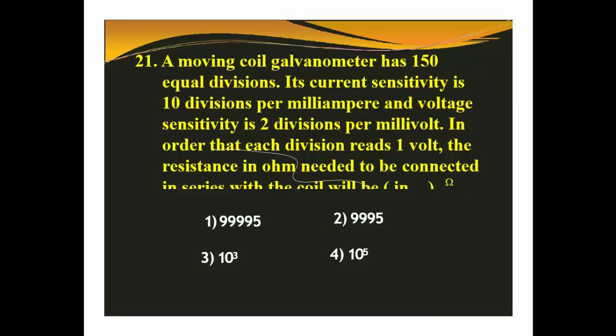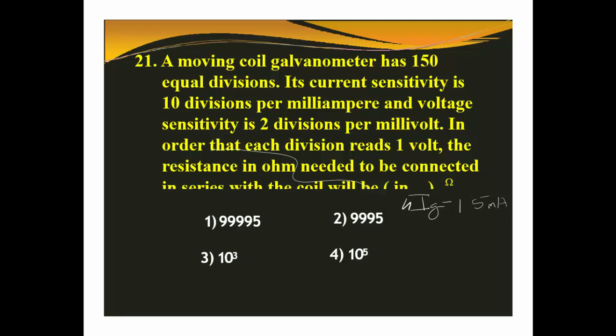Means for full scale current, we require Ig equal to, see here, for 10 divisions it requires 1 milliampere. 150 divisions requires 15 milliampere. Is that clear? For 10 divisions 1 milliampere. For 150 divisions it is 15 milliampere, the full scale deflection current in the moving coil galvanometer.